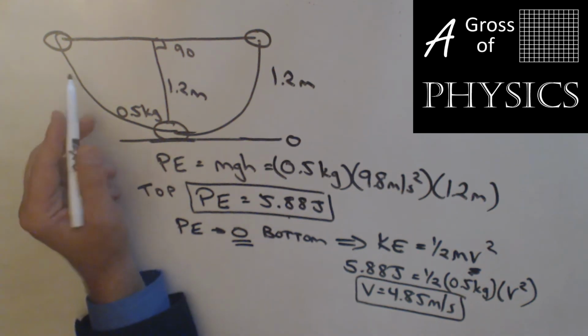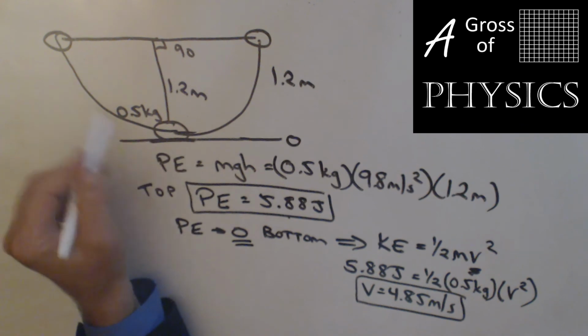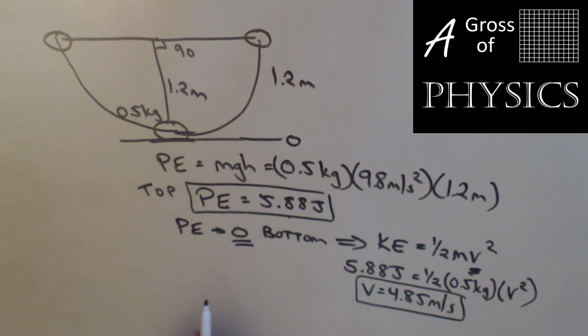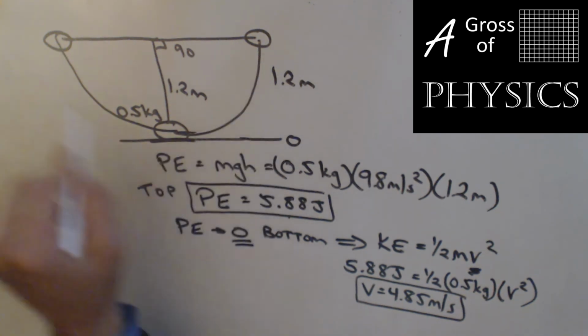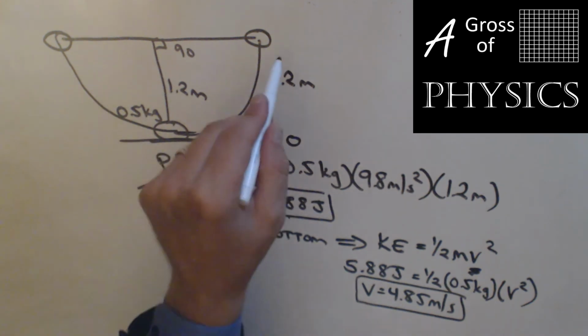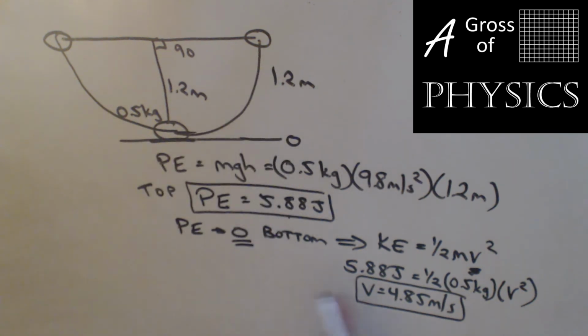And what we're looking at is a situation where we'll go back and forth forever. The reality is friction will steal some energy, so it won't be as perfect as this. But theoretically, without friction or air resistance, this would go back and forth forever and constantly turn kinetic into potential and potential back to kinetic, back and forth over and over again.